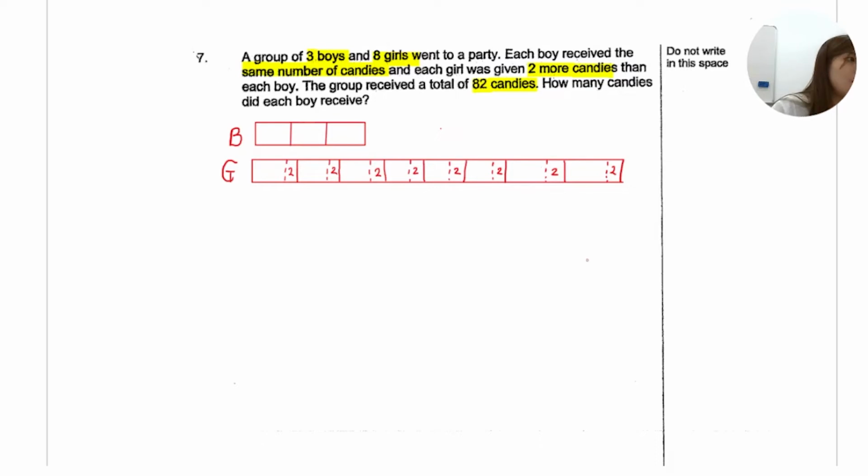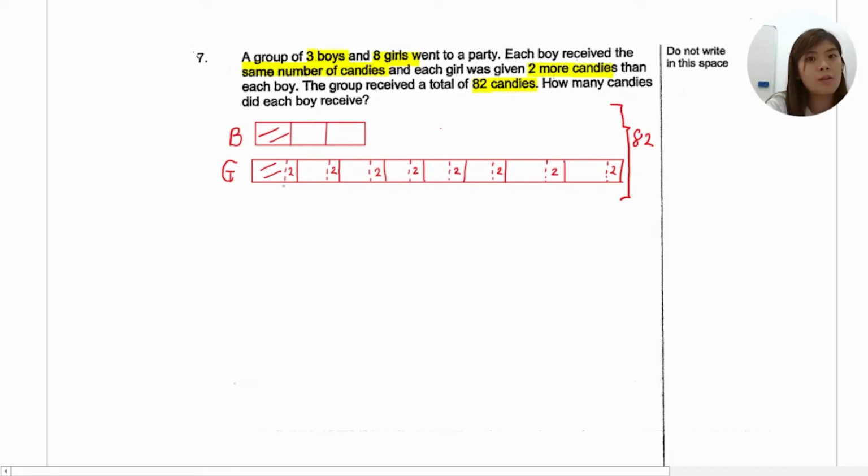And then the last information given is that the group received a total of 82. So how many candies did each boy receive? We know that here and here is the same.